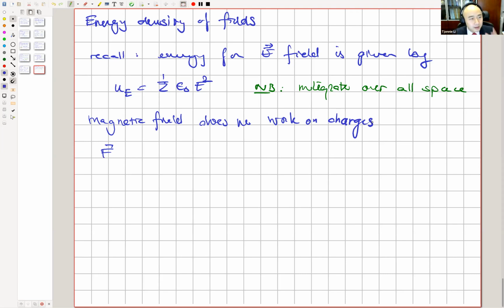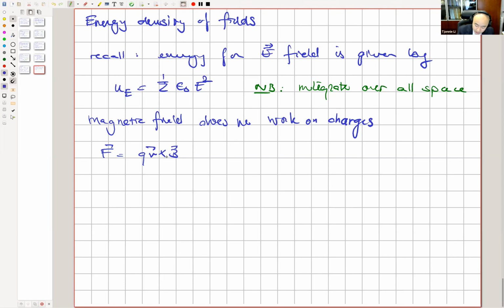So in our original way, when we considered what is the energy density associated with an electric field, what we did is we considered infinitesimally small charges, and we bring them and we stack them to create our distribution. The problem is that the magnetic field does no work on charges, because if F equals QV cross B, then we can see that the force is always perpendicular to the direction of motion.